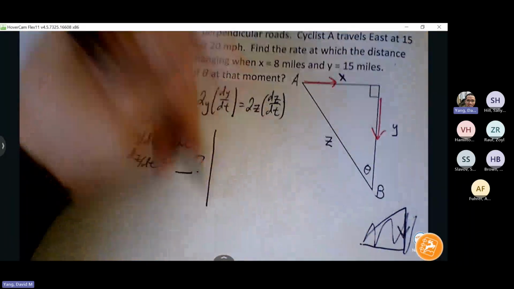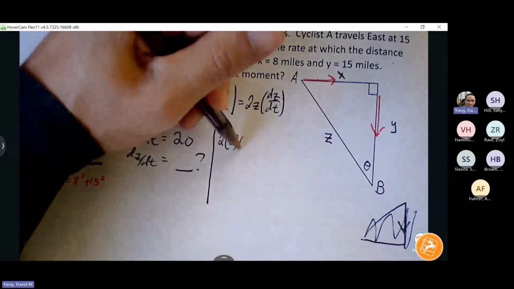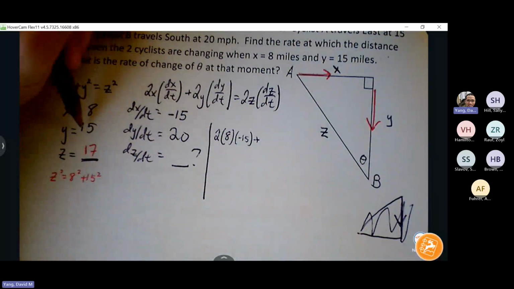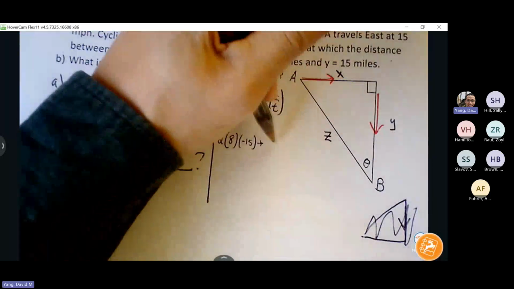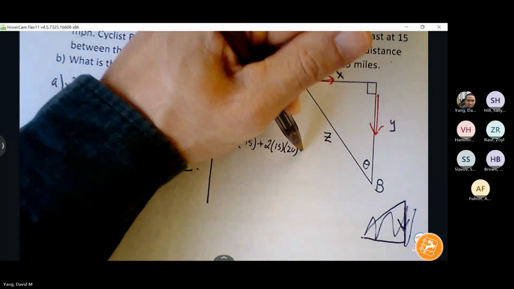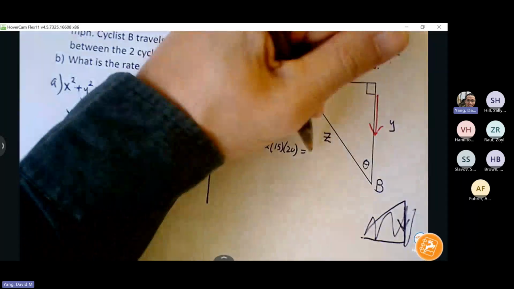Let's plug into the equation here. So 2 times 8 times negative 15 plus 2 times 15 times 20. And then 2 times 17 times dz dt.